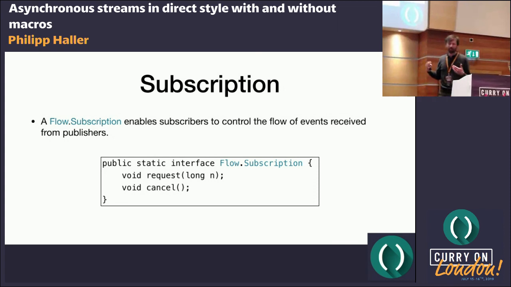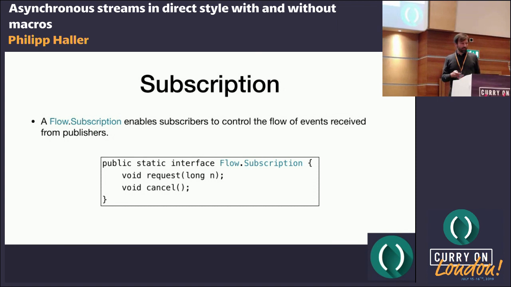And so that's the back pressure control, so that the subscriber can prepare their event buffer for incoming events, and tell the publisher, this is how many events I'm ready to receive. And of course, we can also cancel subscriptions. All right, so far so good.